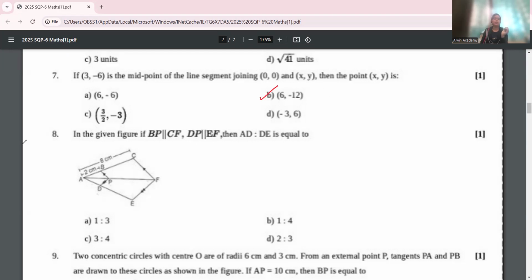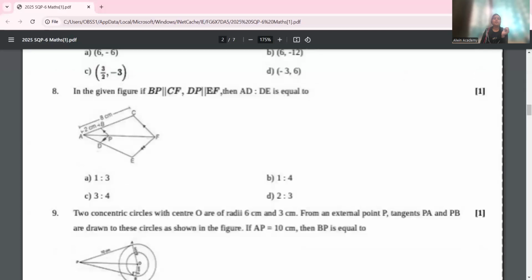Going to the next question, in the given figure, BP is parallel to CF and DP is parallel to EF, these pair of parallel lines. I have to find the ratio of AD is to DE. This is given to me 2, so this and this complete is 8, so this much must be 6. I know that in this particular triangle ACF, I can apply BPT and say AB by BC is equal to AP by PF.